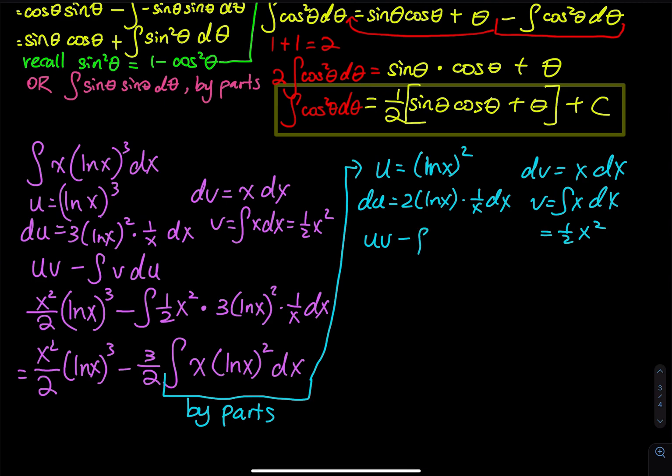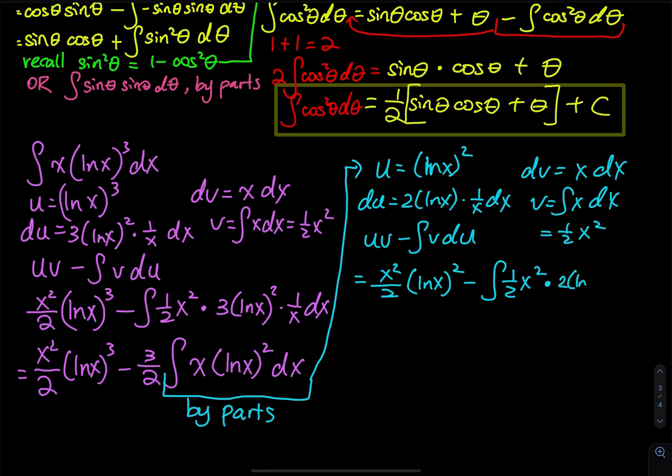And then you have your uv minus the integral of v du. Your uv is equal to x squared divided by 2 times ln x squared, and then minus the integral of v du, you have your du, 2 ln x times 1 over x dx.